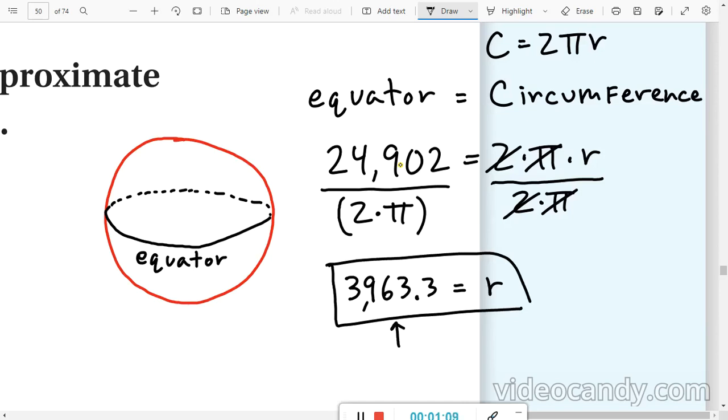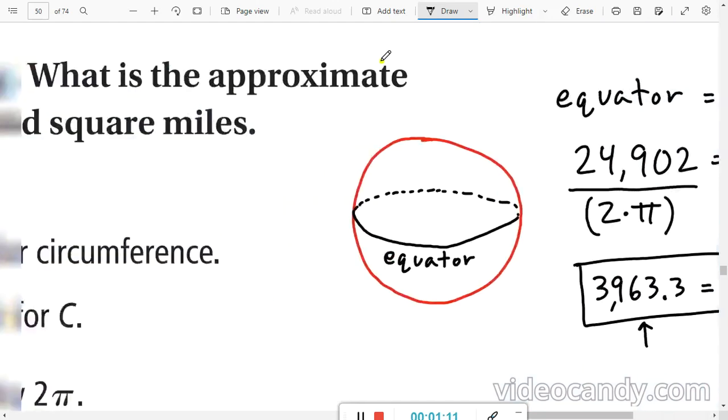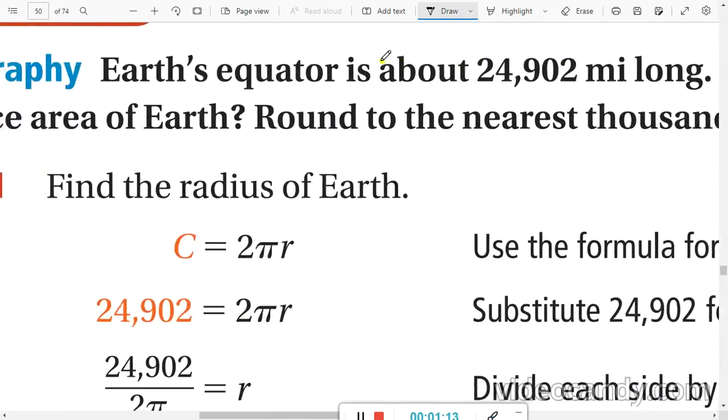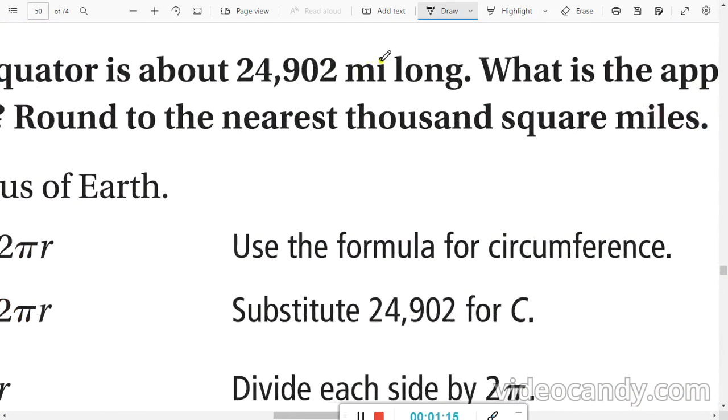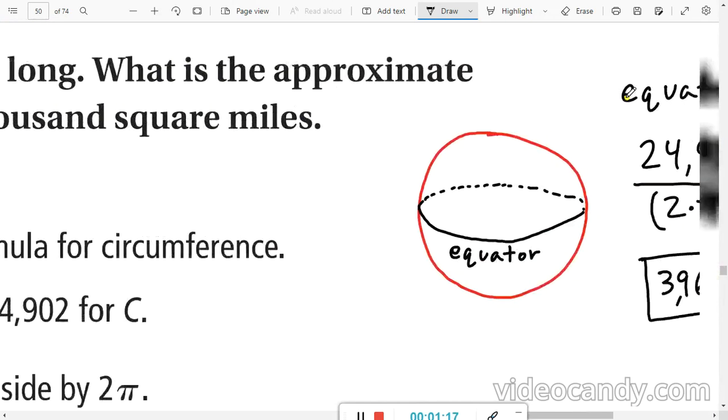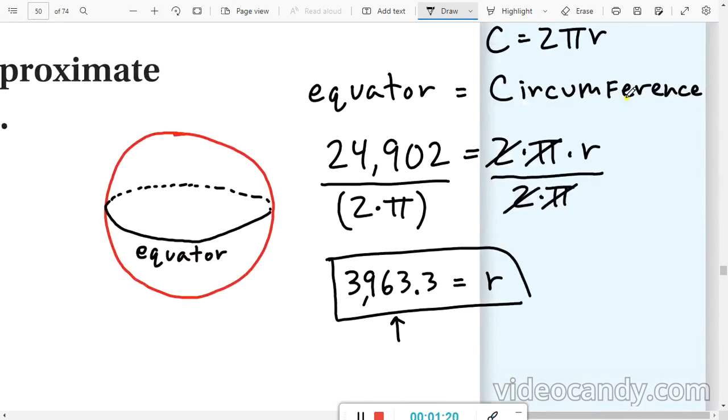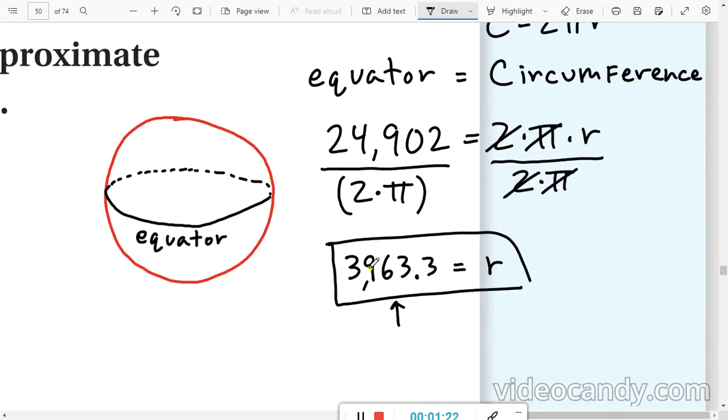Since they told us to approximate, round to the nearest 1,000 square miles, it won't really make a difference. If you really wanted a real accurate answer, you can store the whole decimal in the calculator without rounding off. But I'm just going to use this because it's not going to matter.